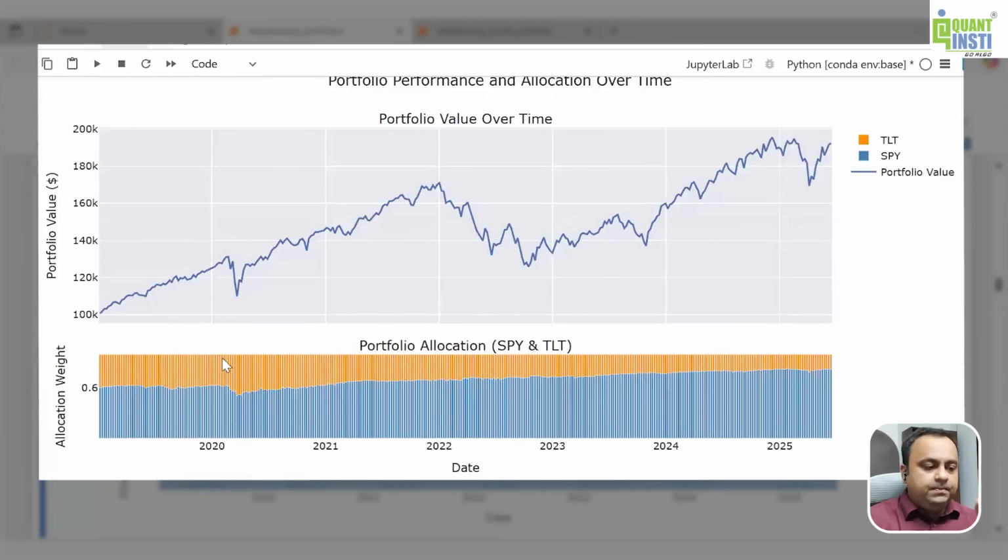In the plot over here, which represents portfolio allocation, we can clearly see SPY represented by the color blue and TLT represented by the color orange. And these bars are very close to each other, so it almost looks completely filled, but these bars represent what the drift looks like.